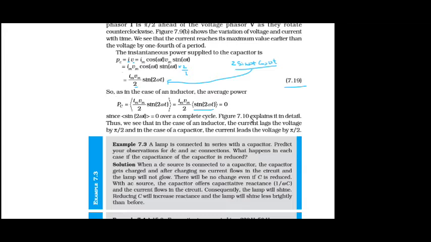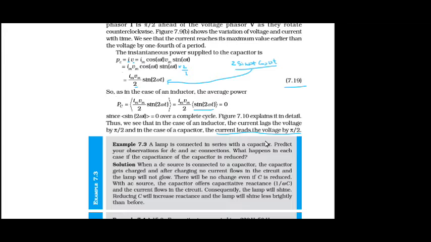Figure 7.10 explains it in detail. Thus, in the case of an inductor, the current lags the voltage by pi by 2, and in case of a capacitor it is opposite, current leads the voltage by pi by 2.